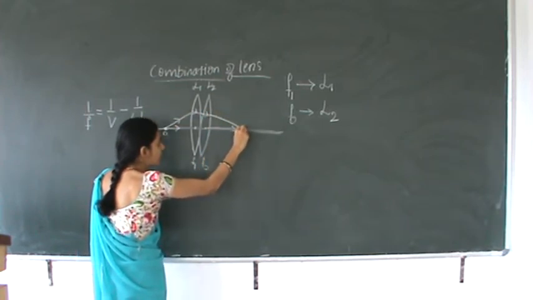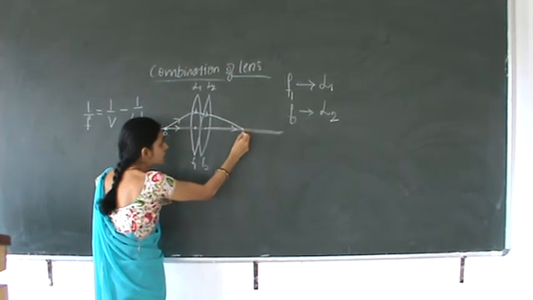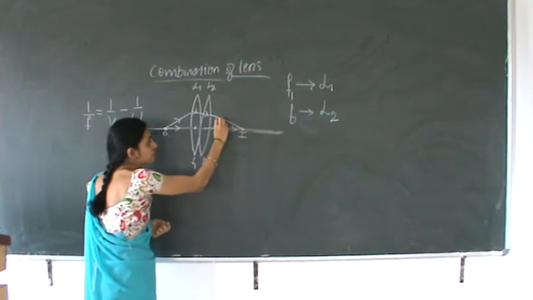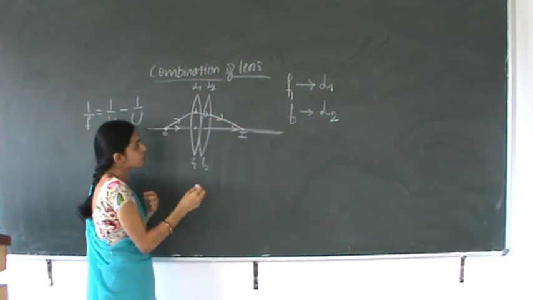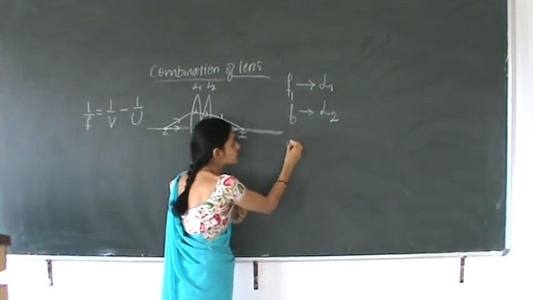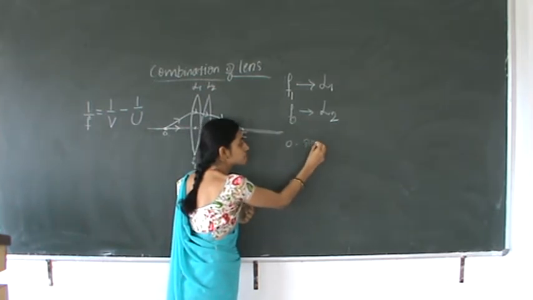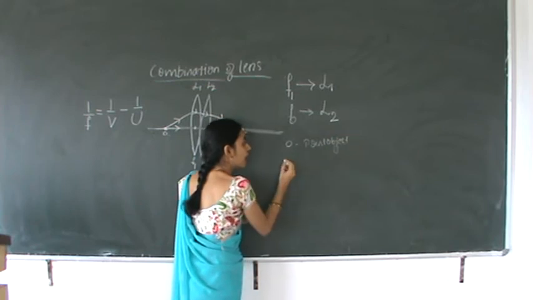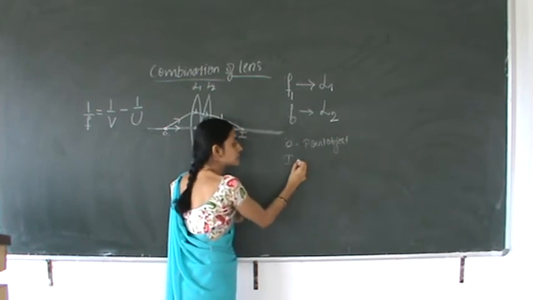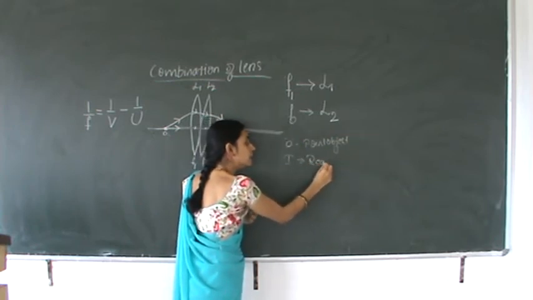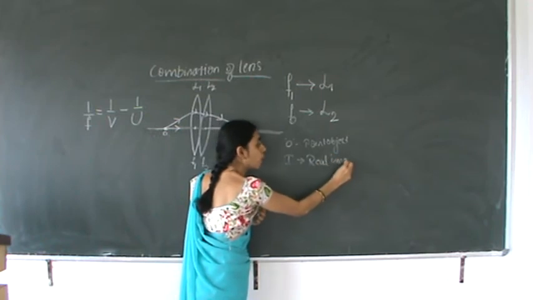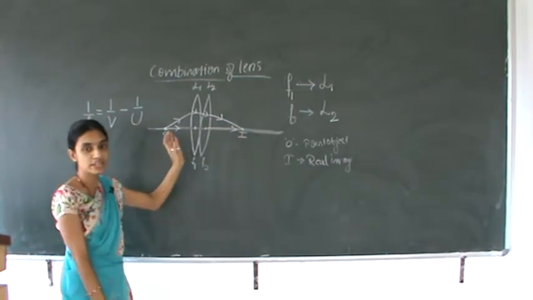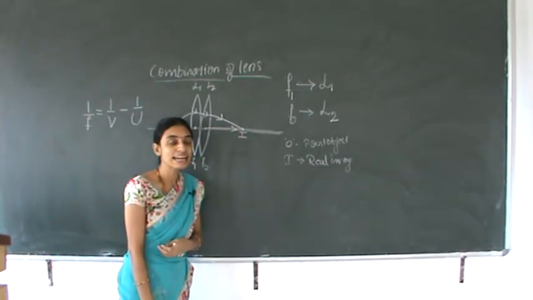Finally, it converges at a point, say I. So, O is the point object and I is the real image obtained on the principal axis on the other side of the lens.